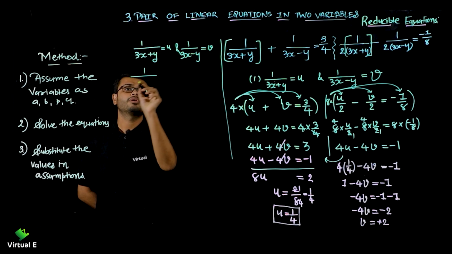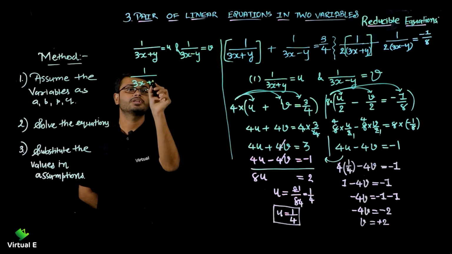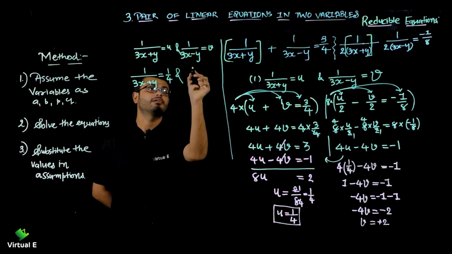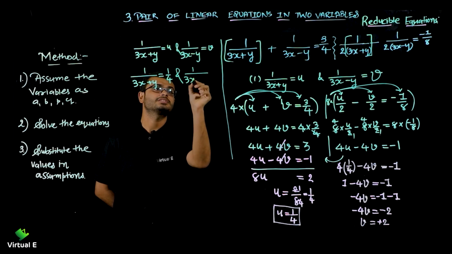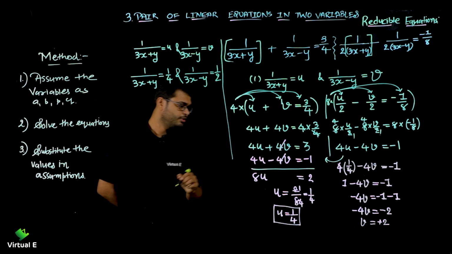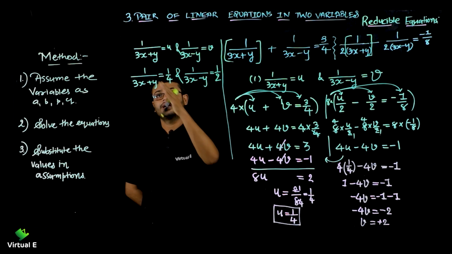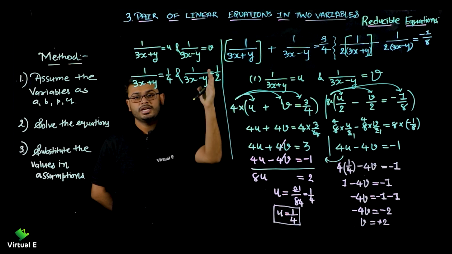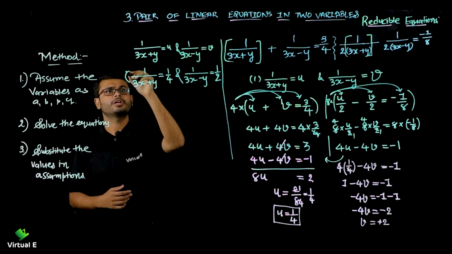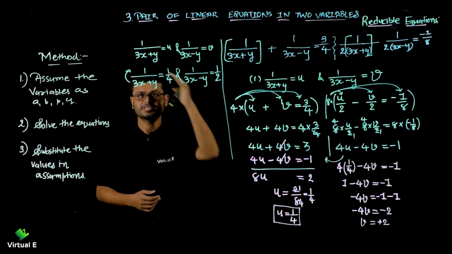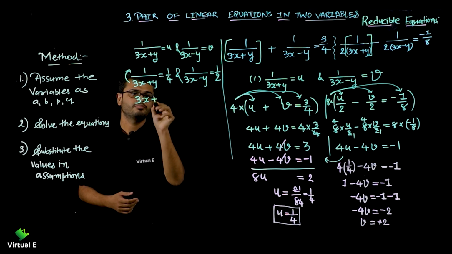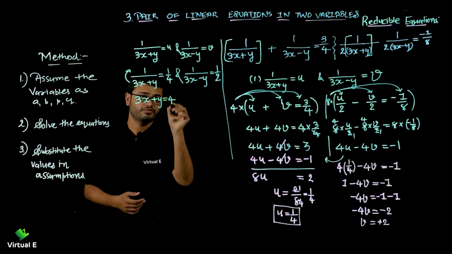So 1 upon 3x plus y is equal to 1 upon 4, and 1 upon 3x minus y is equal to 1 over 2. Now see that we have 1 in the numerator in each case. So let's take reciprocal. The denominator will go up, the numerator will come down. So 3x plus y is equal to 4.